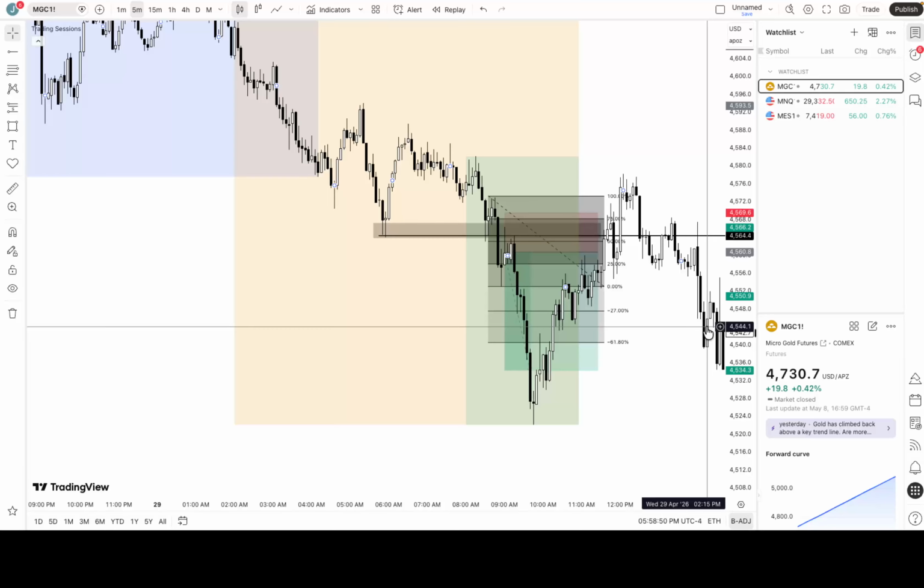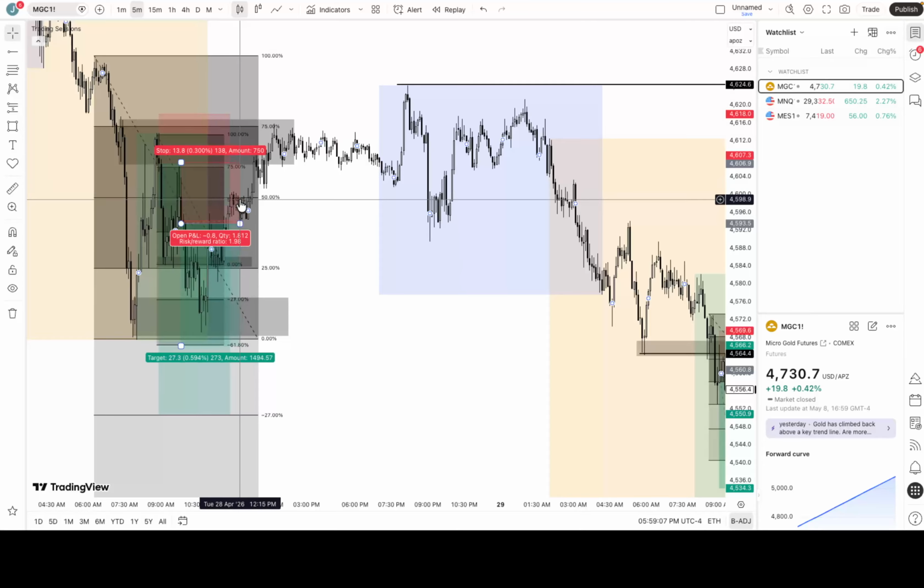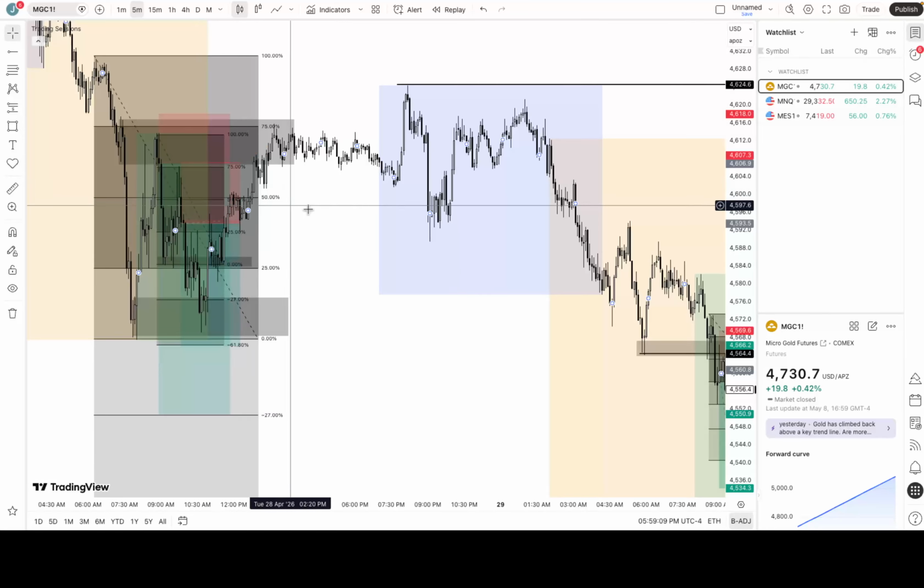And we don't always have to enter extremely prematurely, you know what I mean? Because I'll always look for entries right when market opens, but that's not always the case.